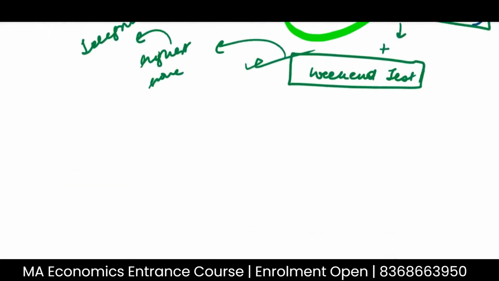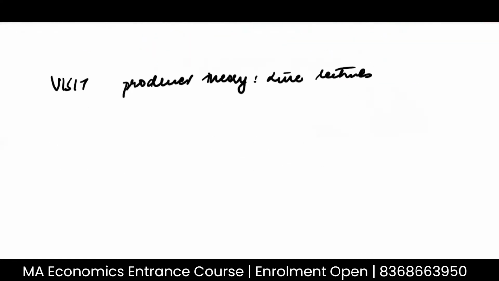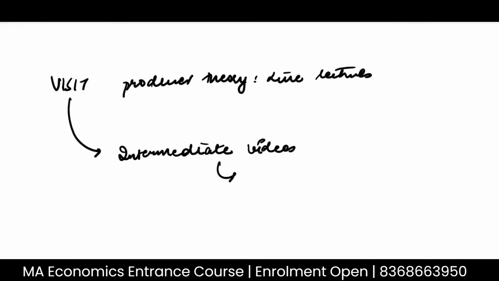Then when we visit the producer theory in the live lectures, you again do the same thing. You go to the intermediate videos simultaneously. You cover those producer theory chapters from here.